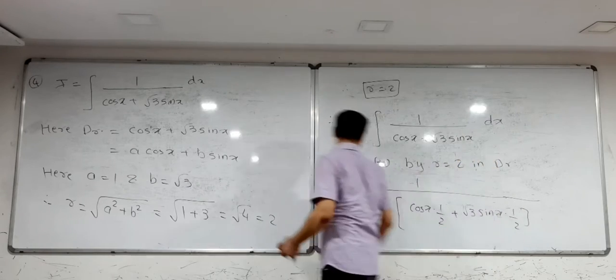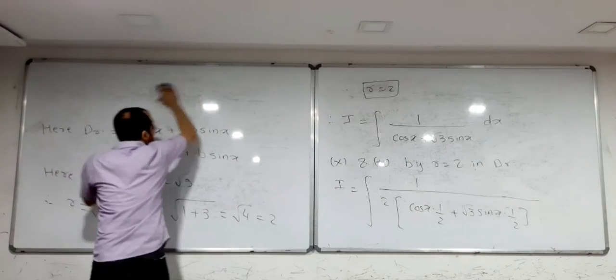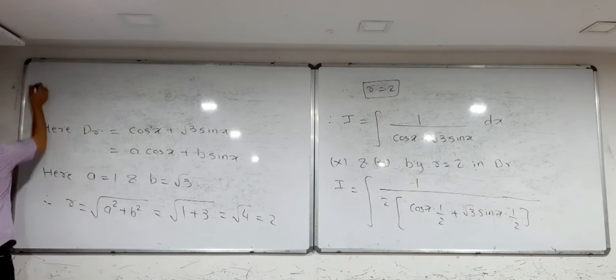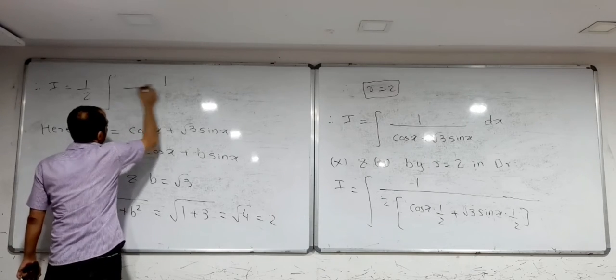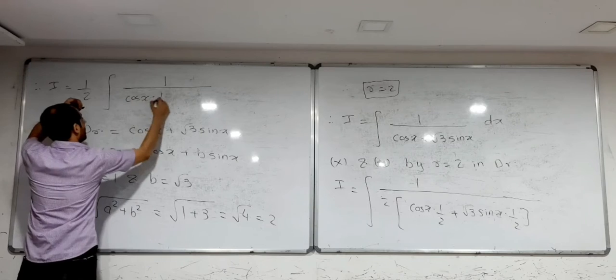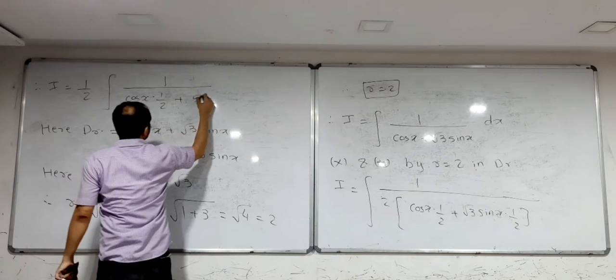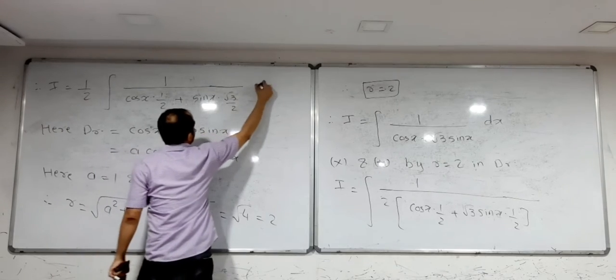Fair enough. The 1/2 is a constant, so it goes outside. So I is half into integration of 1 upon cos x into 1/2 plus sin x into root 3/2. Now see what is the trick.